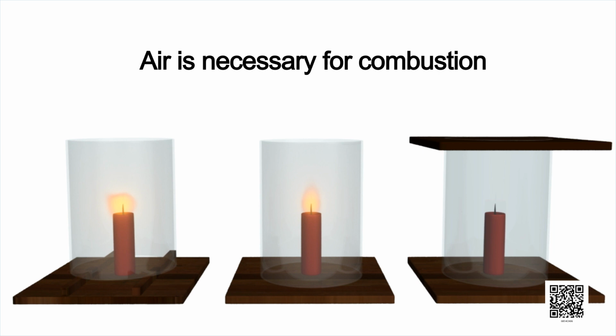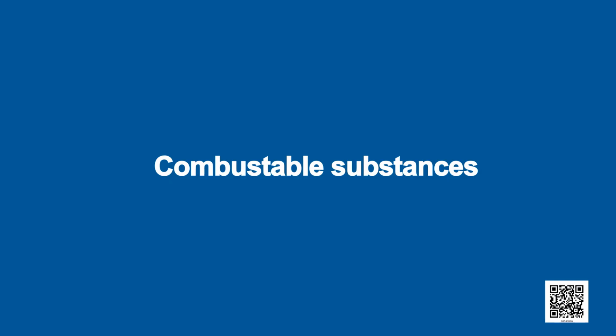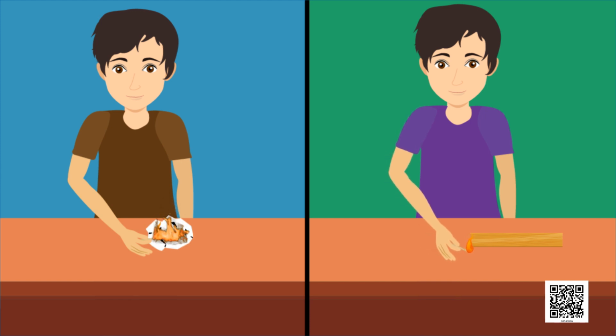Now, let's understand some more facts about combustible substances. Here you can see that a boy is taking a burning matchstick towards a piece of paper. And the second boy is taking a burning matchstick towards a piece of wood. But this piece of wood does not catch fire easily, whereas paper catches fire and starts burning.